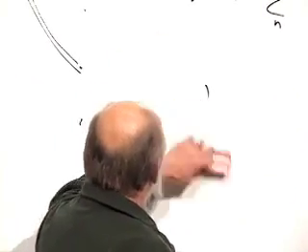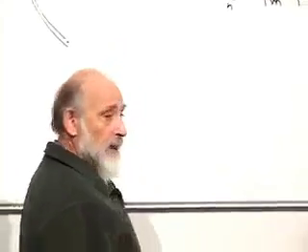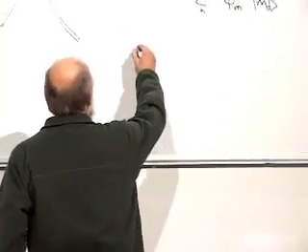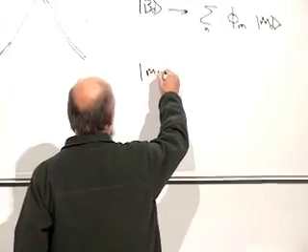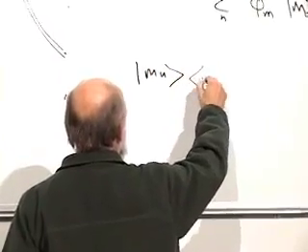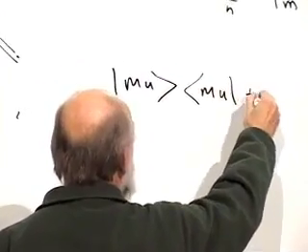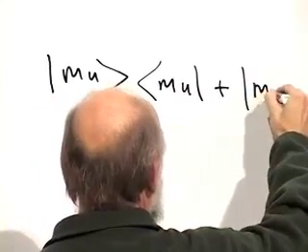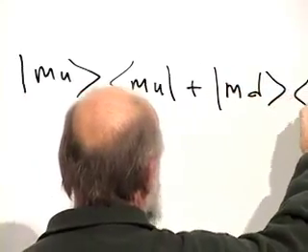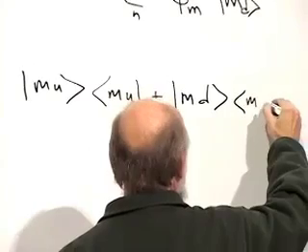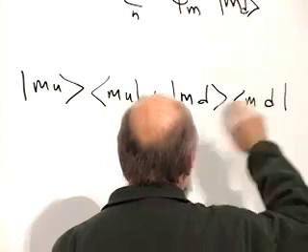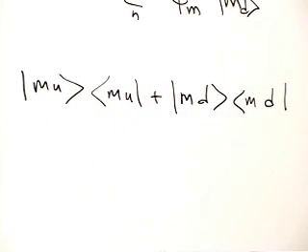What are the states in which the electron is at M? Well, there are two states: M up, and M down. Those are the only two states in which the electron is found at M. So this is the projection operator onto the configuration where the electron is at M.